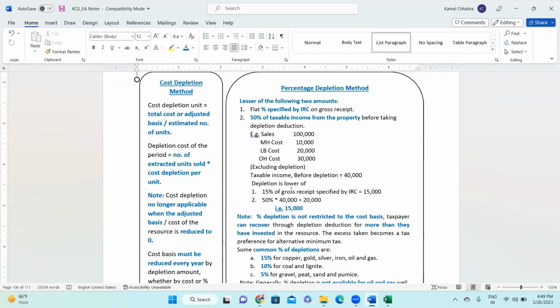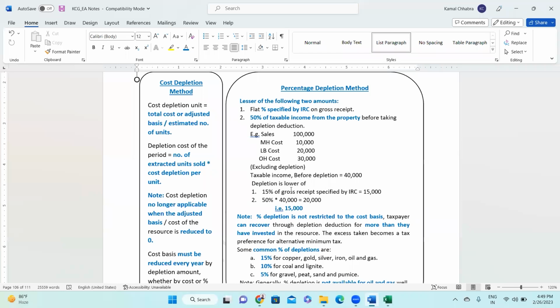So how much of the item you are extracting and selling, whatever is your sales price, a certain percentage of that price you need to consider as a depletion cost. That has been defined in the IRC for different materials at different rates. For example, copper may be 15%, silver maybe 25%, gold maybe 30%, 40%.